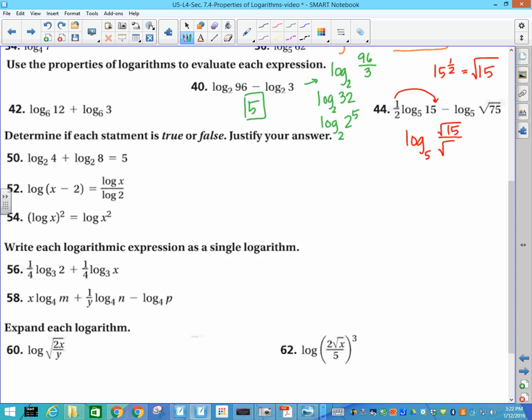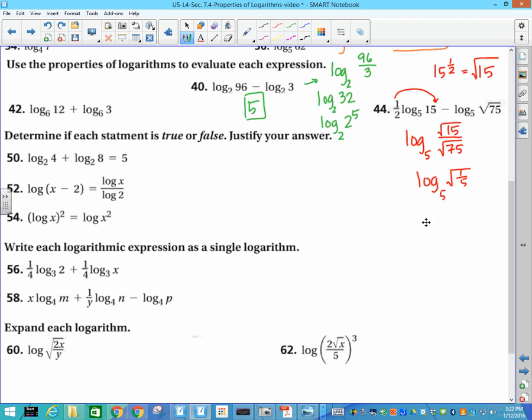And on the bottom, I have the square root of 75. So when I simplify that, it becomes log base 5 of the square root of 1 over 5.